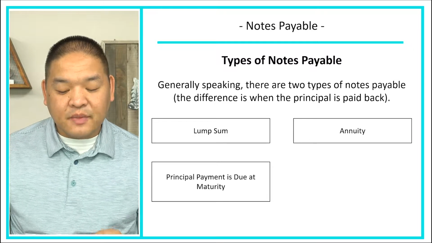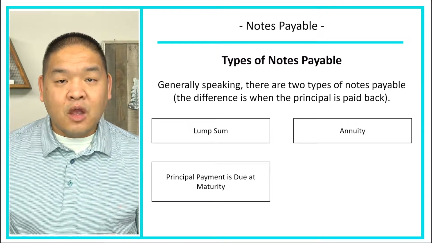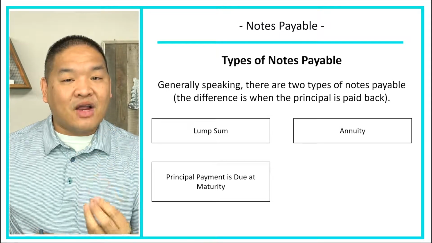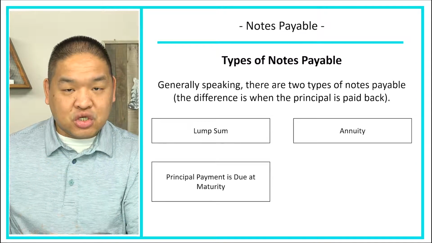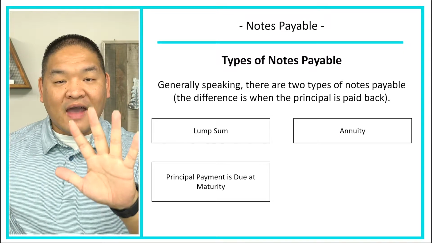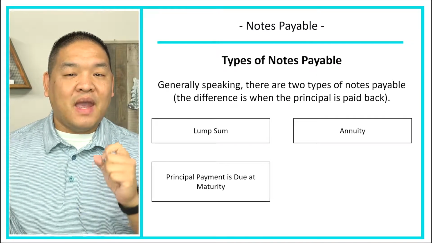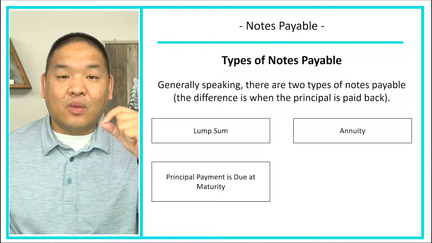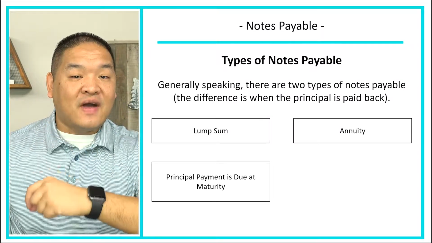The way the lump sum works is that we pay the principal, the entire amount that we actually borrowed, when the note matures. So if we borrow $1 million on a 5-year note, we get that $1 million today, but we don't have to pay that principal back until it matures in 5 years.